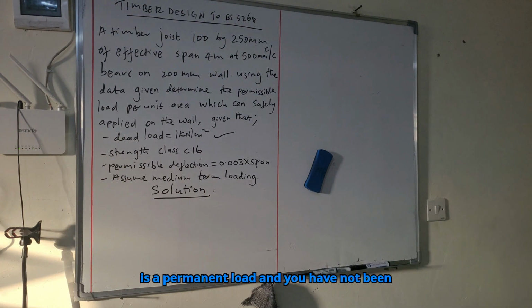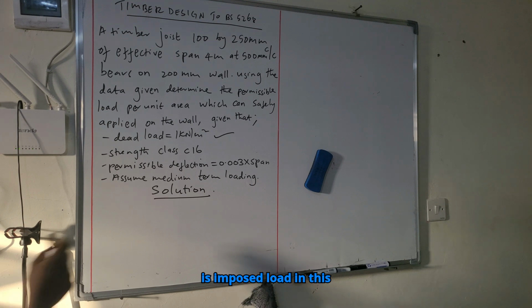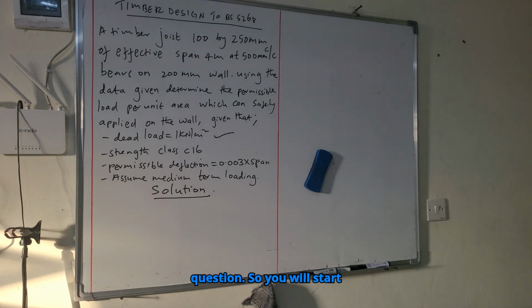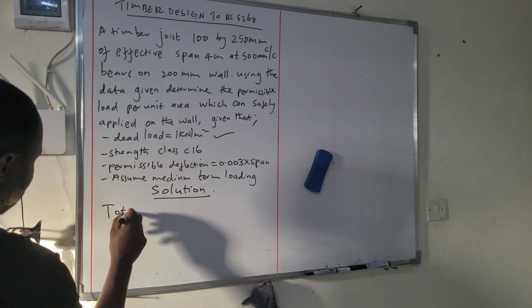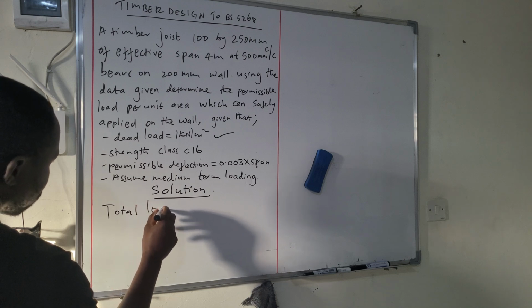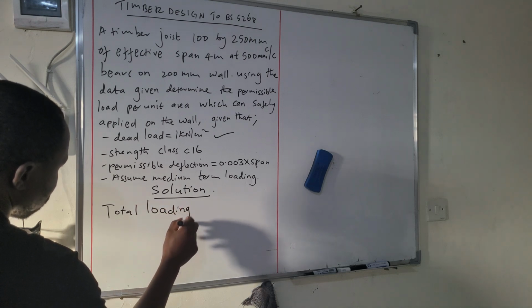Dead load is a permanent load, and we have not been given an imposed load. So what we are looking for is the imposed load in this question. So you will start by determining the total loading.